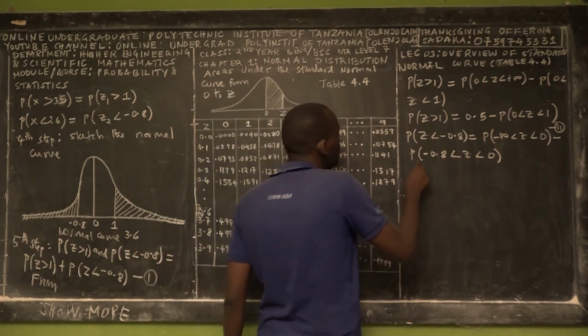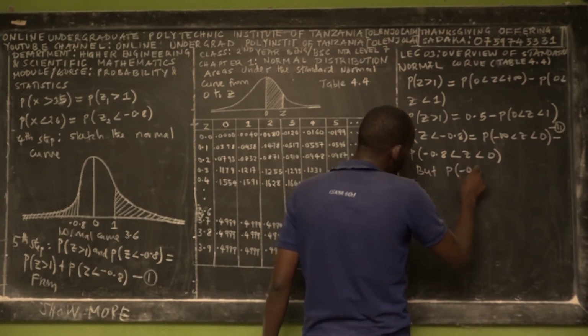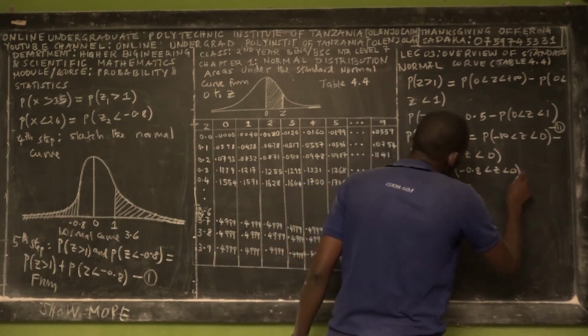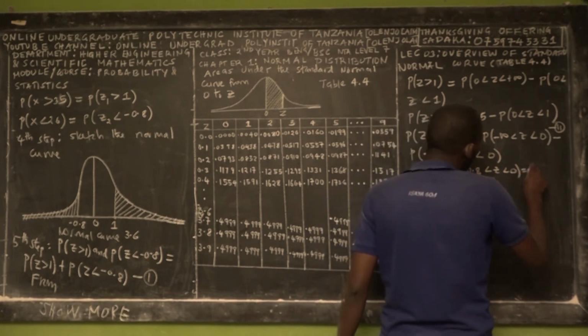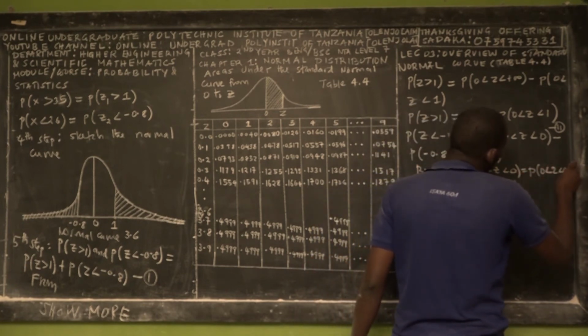From the symmetry, the probability of negative 0.8 less than z less than 0 equals the probability of 0 less than z less than 0.8.